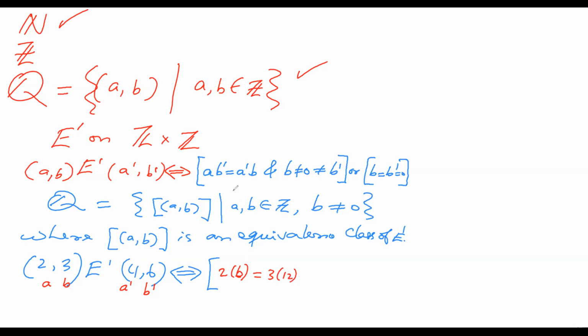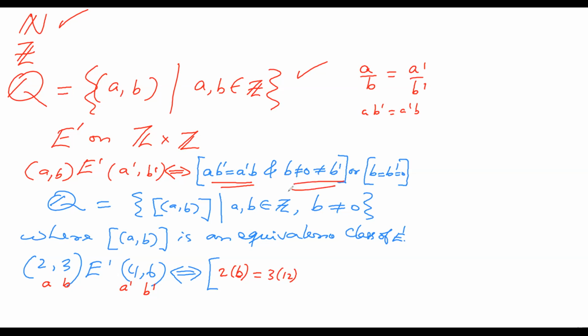So you see this equivalence relation is really doing this: A B prime is A prime B. Get it? This equivalence relation is just coding this property of equality of rational numbers. And in rational numbers, we cannot have the denominator 0.